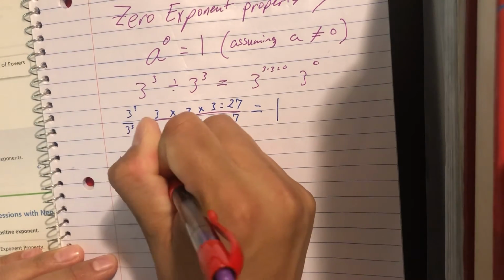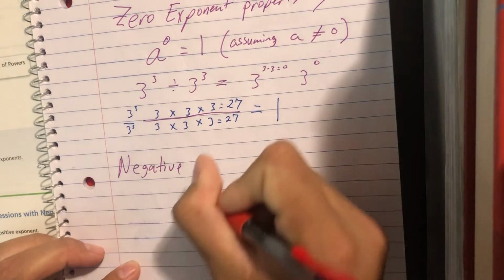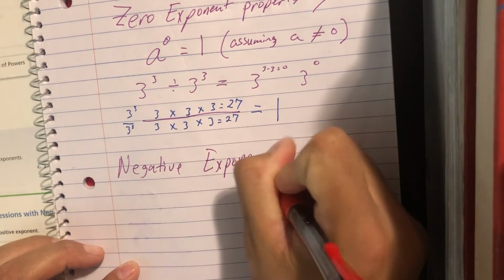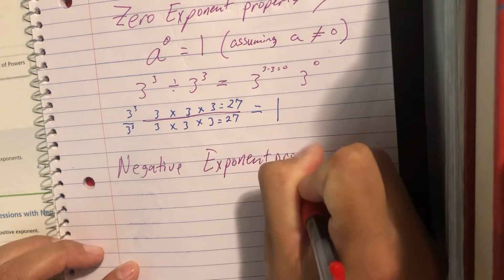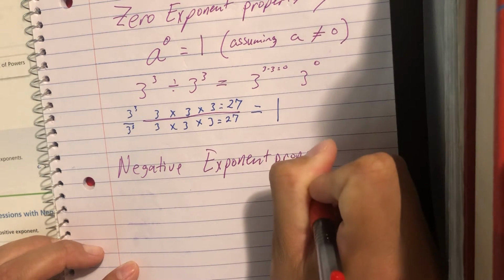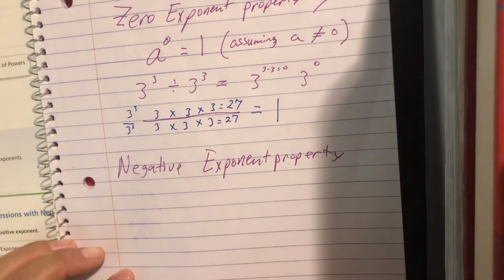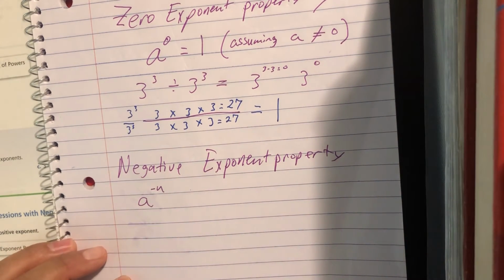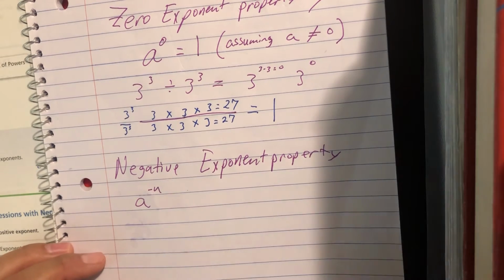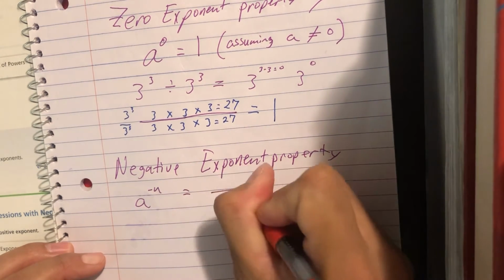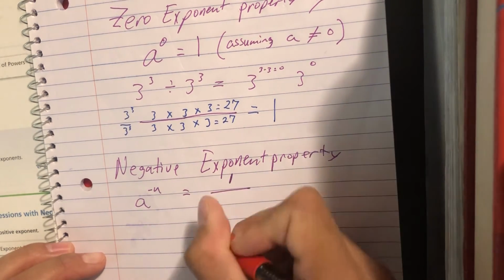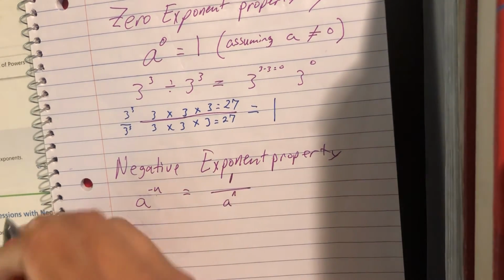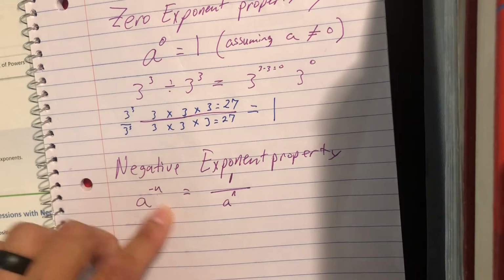The negative exponent property states that when a is to the negative n, it is really just 1 over a to that same exponent without the negative.